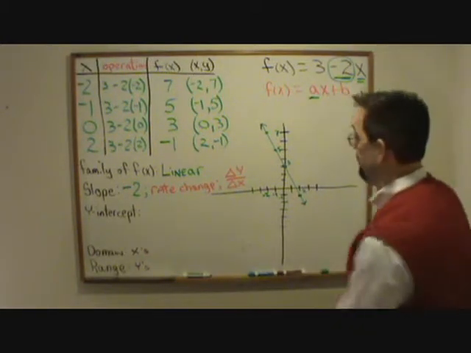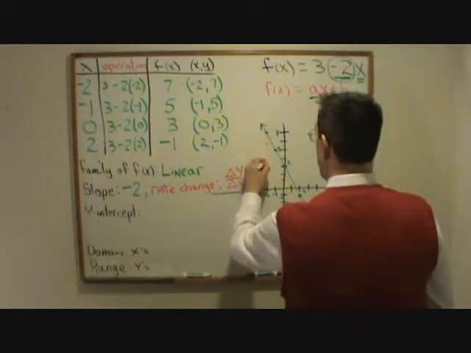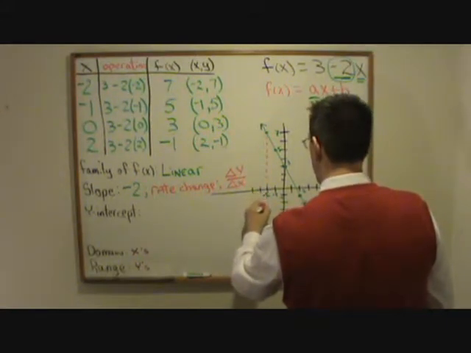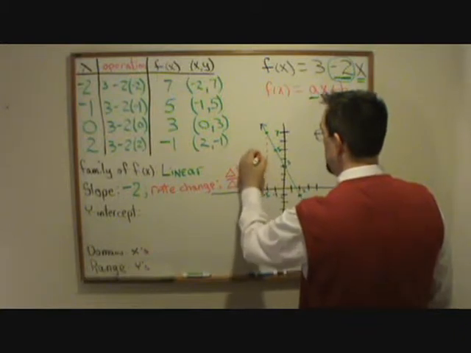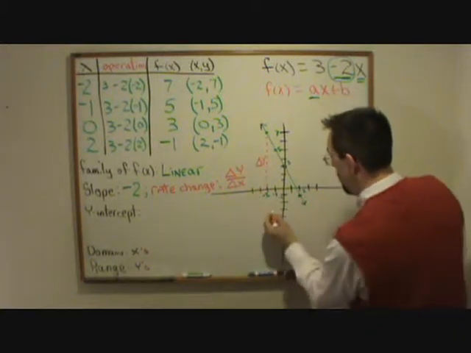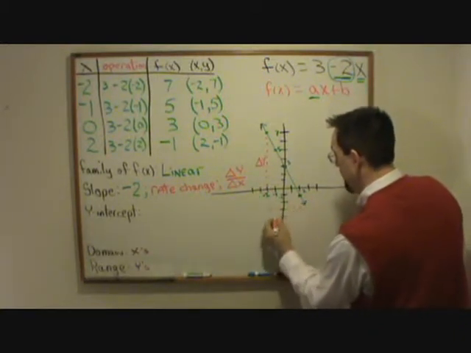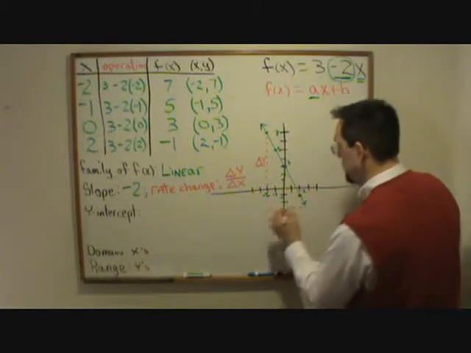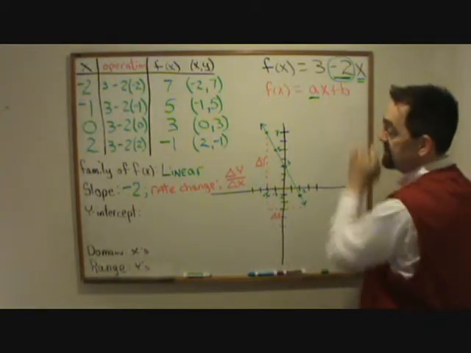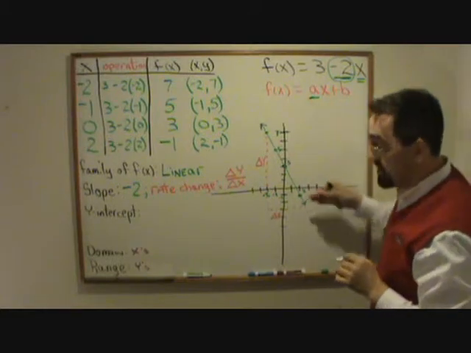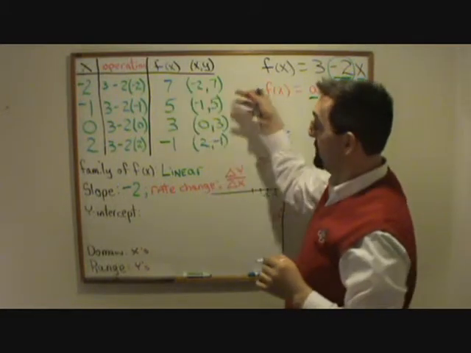Well, what does that mean? The change in y over the change in x, and in this case was our minus 2. We already had that, but we could actually calculate it given these points if we needed to.